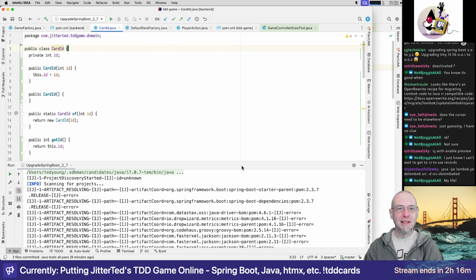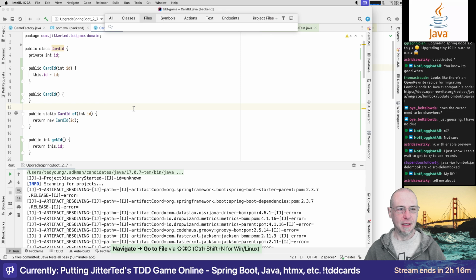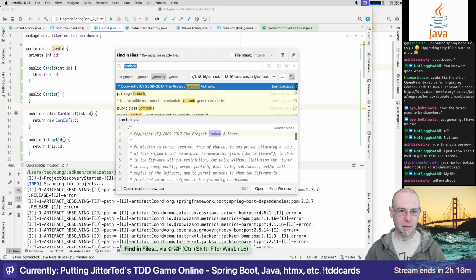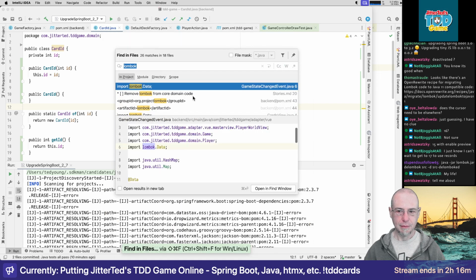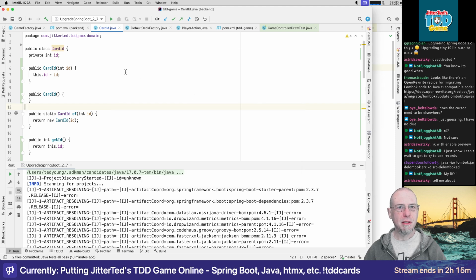Is that true? Is that Lombok jar de-Lombok? Is that a thing? I mean, I don't think I have that many Lombok usages. Oops. But it's depend as follows. Is that a thing?